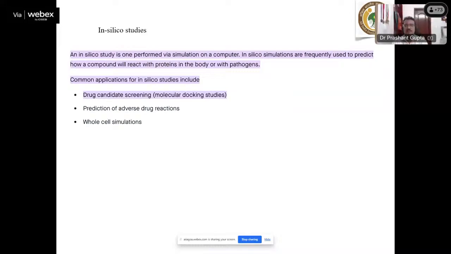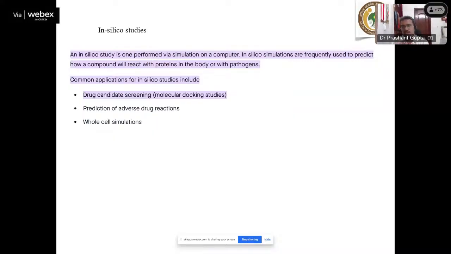So, coming to the first point, what are in silico studies? Anything which is done in a computer is called in silico, and in silico studies are performed by simulation. This word comes from silicon, where computers use a silicon chip, and whatever is done in that silicon chip is called in silico.